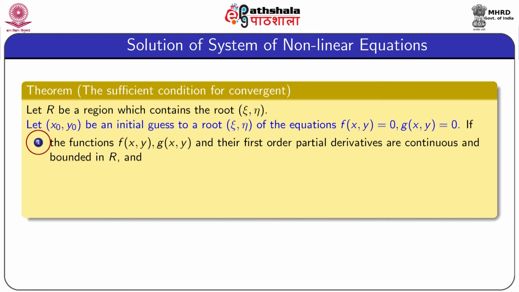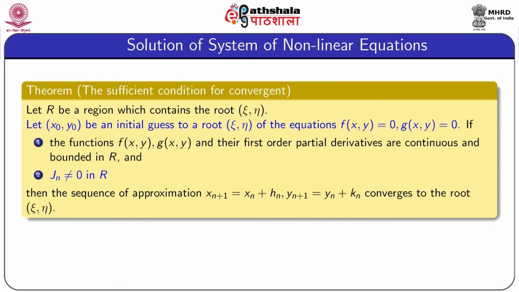If the functions f, g and their first order partial derivatives are continuous and bounded within the region R, and also the determinant of the coefficient matrix at the point (xn,yn) is not equal to 0 within the region R, then the sequence of approximations x_{n+1} = xn + hn, y_{n+1} = yn + kn converges to the exact root (xi, eta). So, this is the sufficient condition for the iteration scheme to converge to a root.